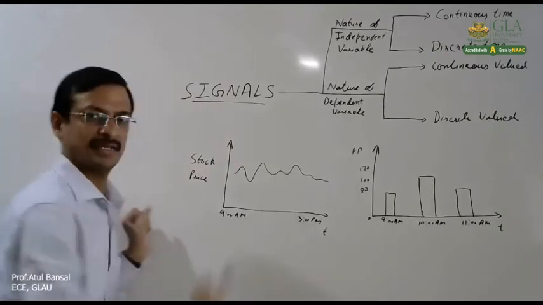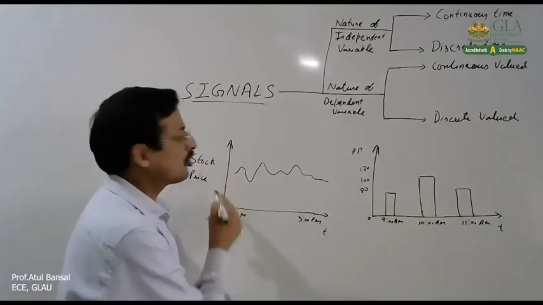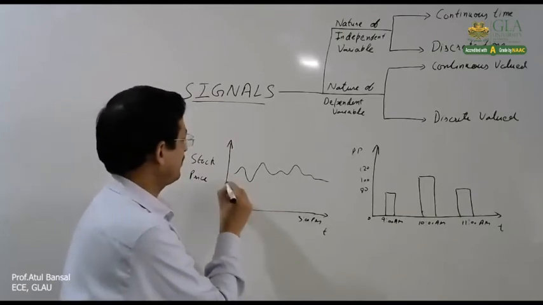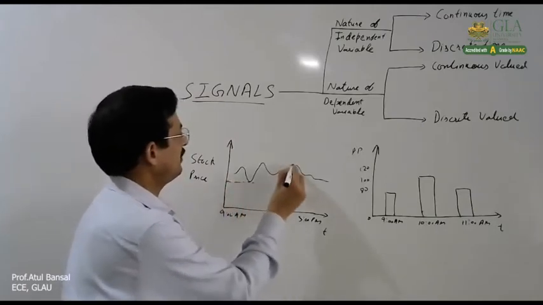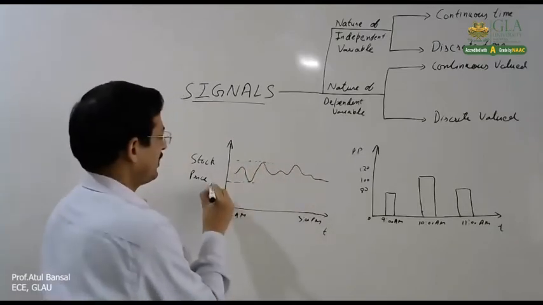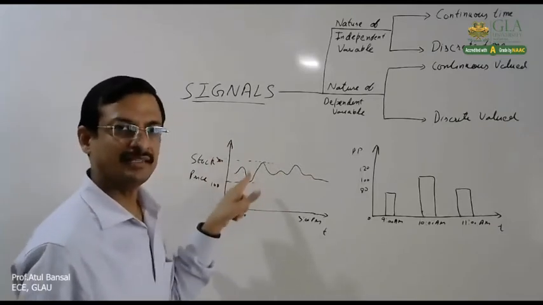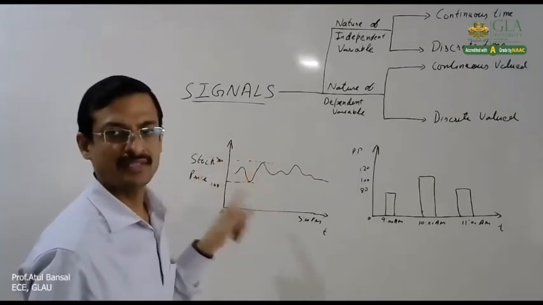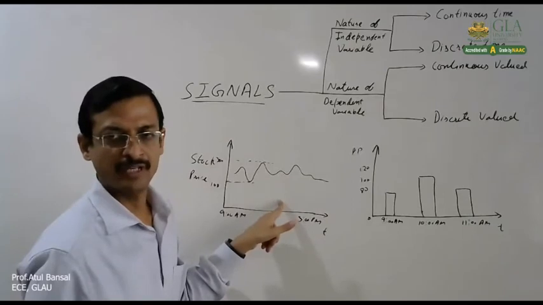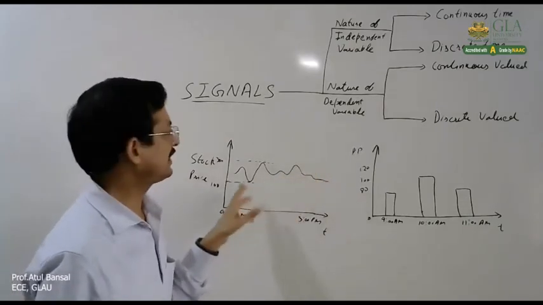If we take the same example of stock price, this value can be anything between some minimum and maximum. Suppose this is 100 and this is 300 units. Between these, the stock price signal can have any value. It can be 100.1, 100.5, 100.25, 200, like that, continuously.